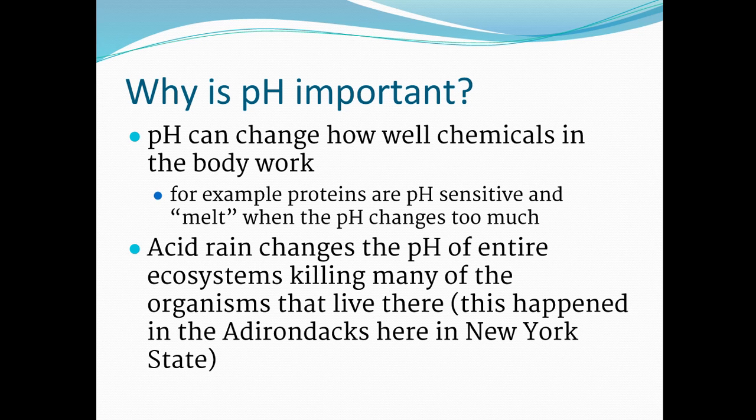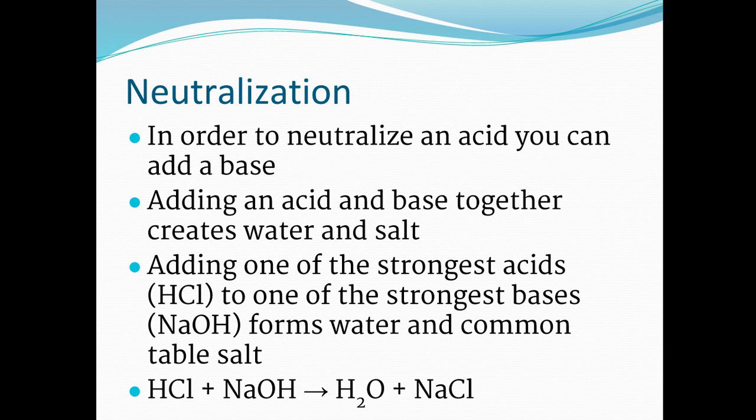It sounds kind of weird, but what happened is the air currents brought a lot of that pollution to New York State, and when it rained in the Adirondacks, that's where all the acid rain dropped, and it wiped out certain species that lived in the Adirondacks. So the Adirondack Mountains are very different from what they used to be 30, 40 years ago.